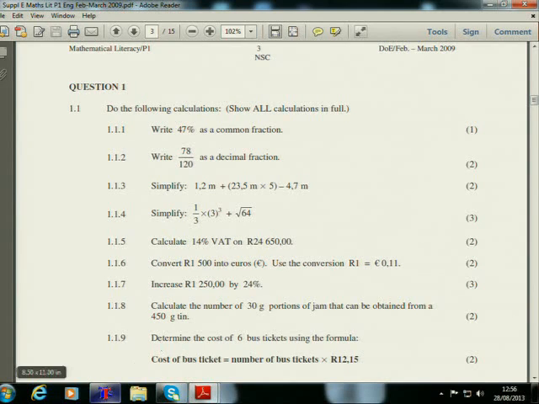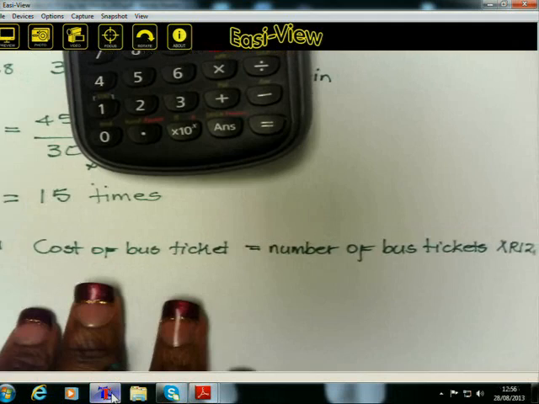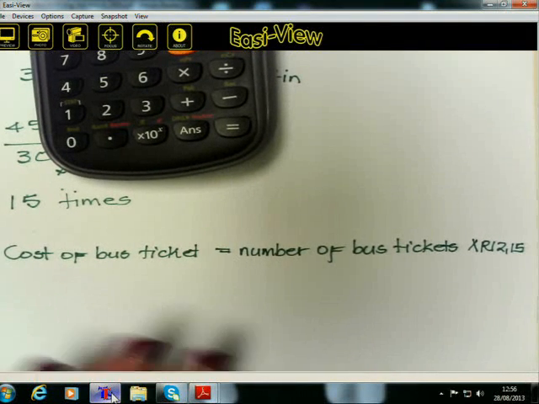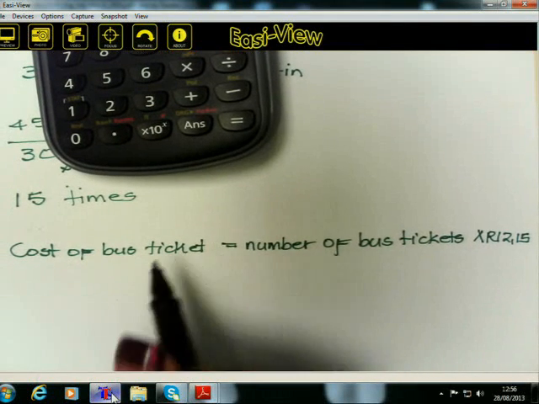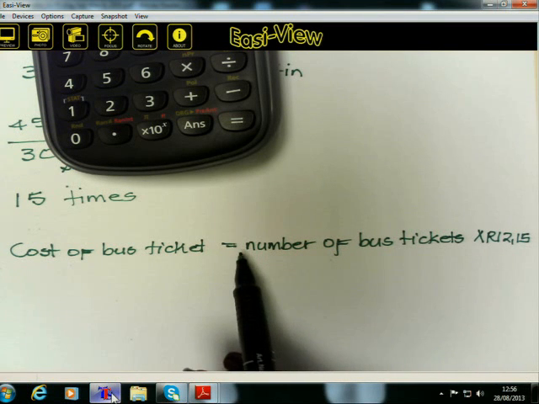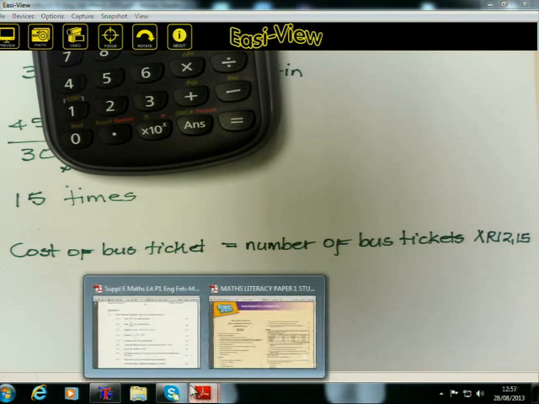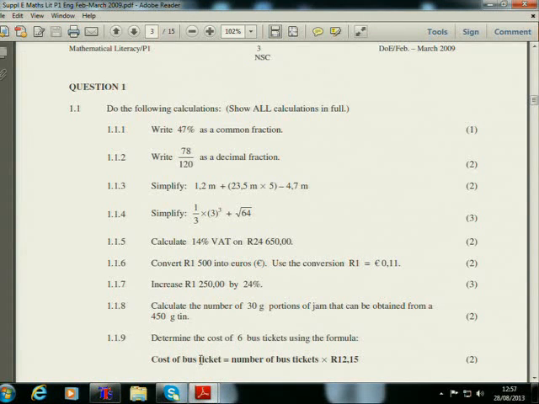Now this is a long one. It may not be clear for you on the screen, but we can get it through. We have to calculate the cost of a bus ticket, and the formula is number of bus tickets multiplied by 12 rand 15 cents. If you go back to the question, it also says we have 6 bus tickets that we must calculate.